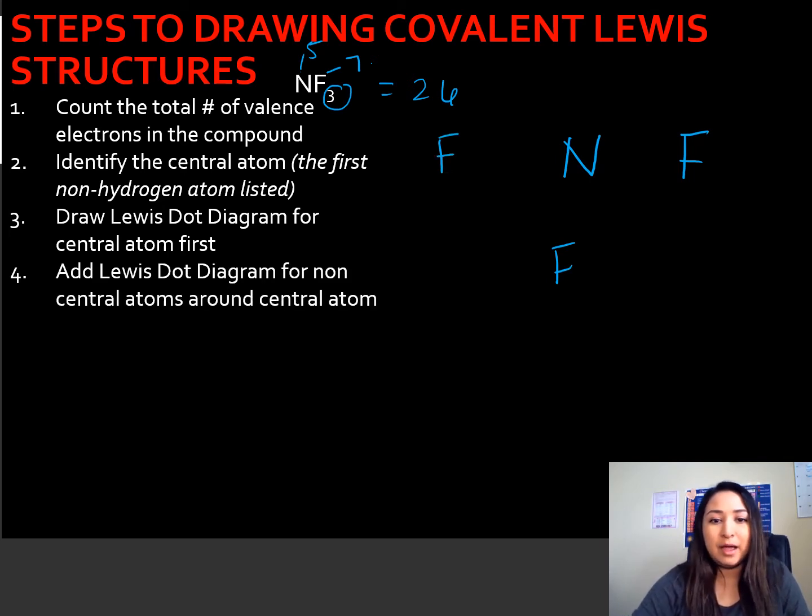And then you add the Lewis dot diagram for your central atom first. So remember we said that nitrogen has 5 valence electrons. So 1, 2, 3, 4, 5. And fluorine has 7. So 1, 2, 3, 4, 5, 6, 7.